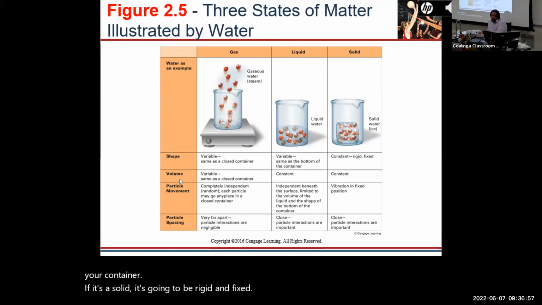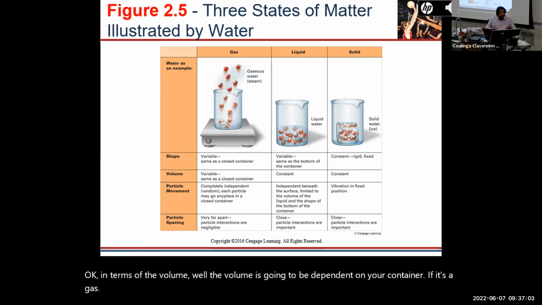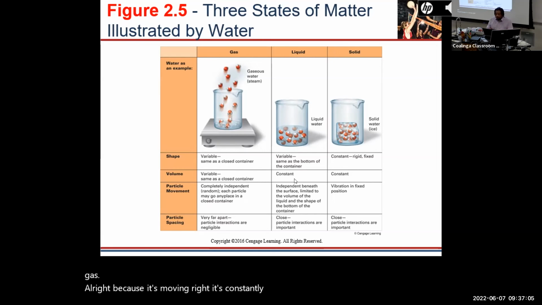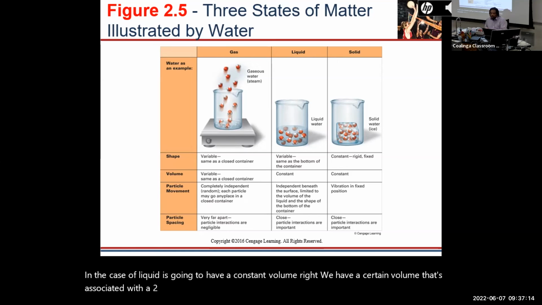In terms of the volume, the volume is going to be dependent on your container if it's a gas, because it's constantly moving. In the case of a liquid, it's going to have a constant volume, right? We have a certain volume that's associated with a 2-liter bottle of soda. 2 liters is volume. So what is the volume of a 2-liter bottle of soda?